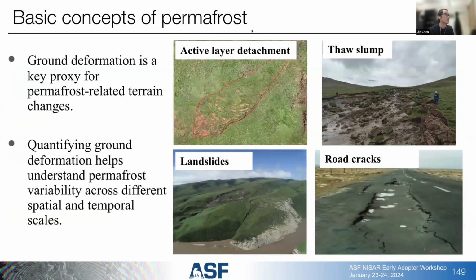The next question is why ground deformation in permafrost regions matters. Under climate change or climate extremes, landscapes in permafrost regions change a lot because of temperature and other surface processes. The first figure shows an active layer detachment, where only the active layer slumps and detaches along the permafrost table.